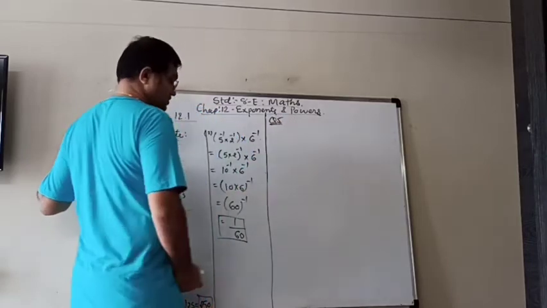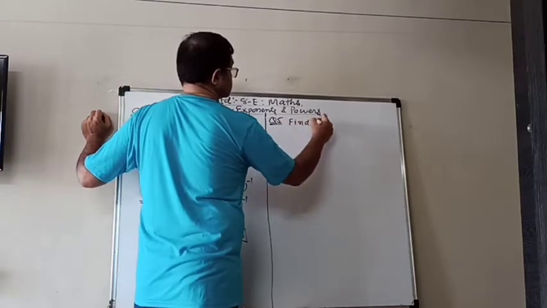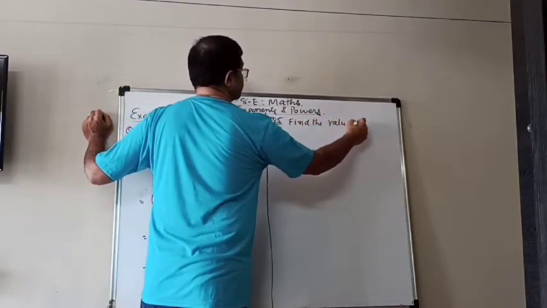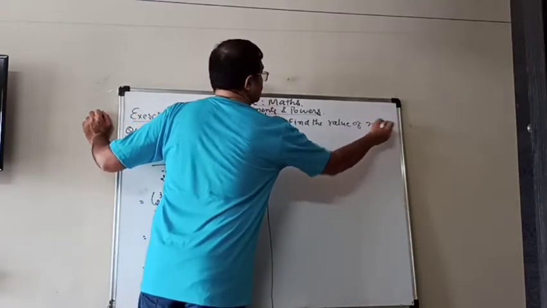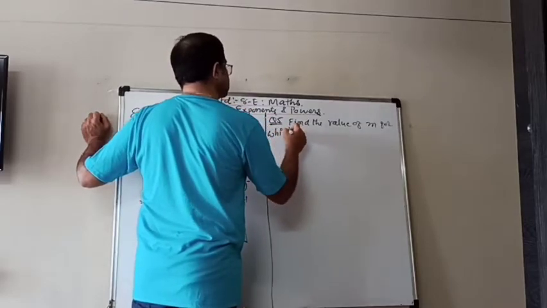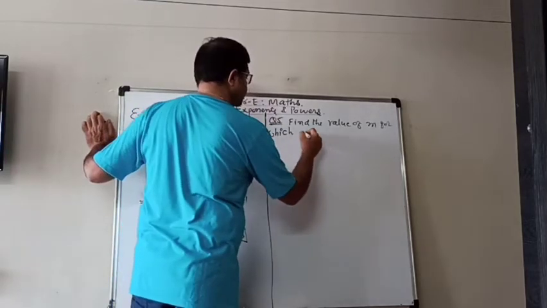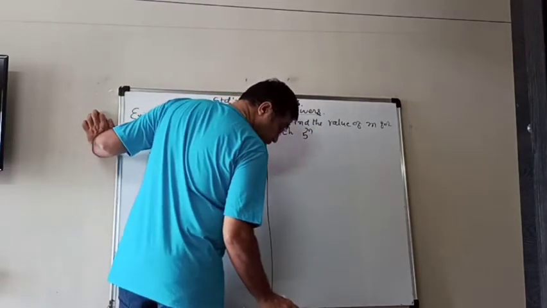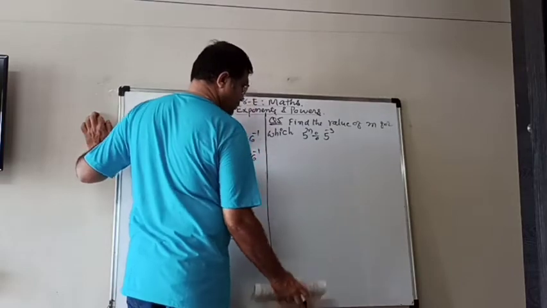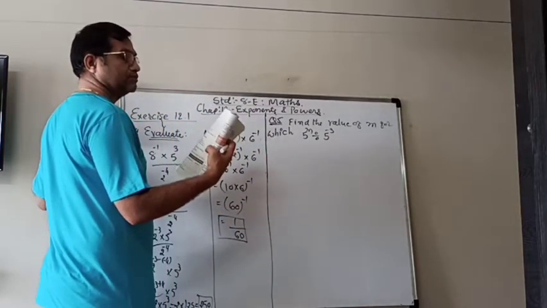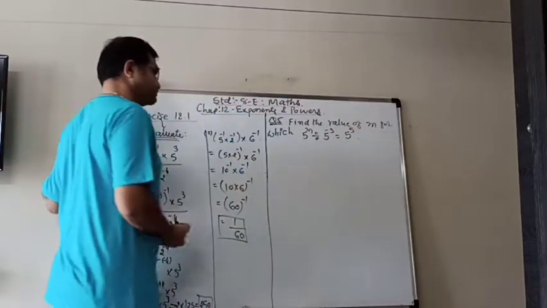Now question number 5. Find the value of m for which 5 raised to m divide by 5 raised to minus 3 is equal to 5 raised to the power 5.